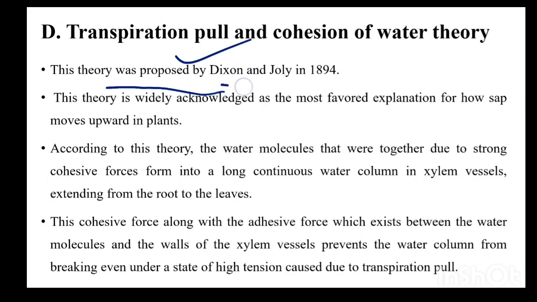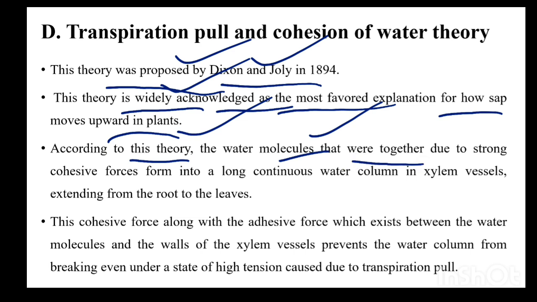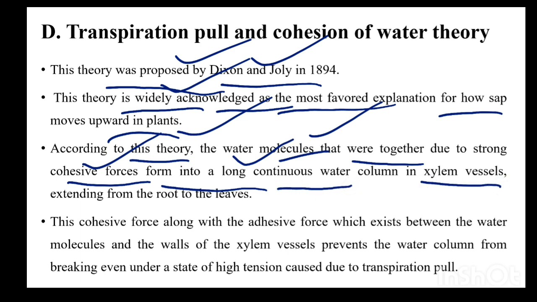Okay. Next, the final one, which is the most accepted theory to explain the ascent of sap. This theory was proposed by Dixon and Joly in 1894. This theory was widely acknowledged as the most favored and most correct explanation for how sap moves upward in plants. According to this theory, water molecules that are together due to strong cohesive forces form a long continuous water column in the xylem vessels extending from root to the leaves.